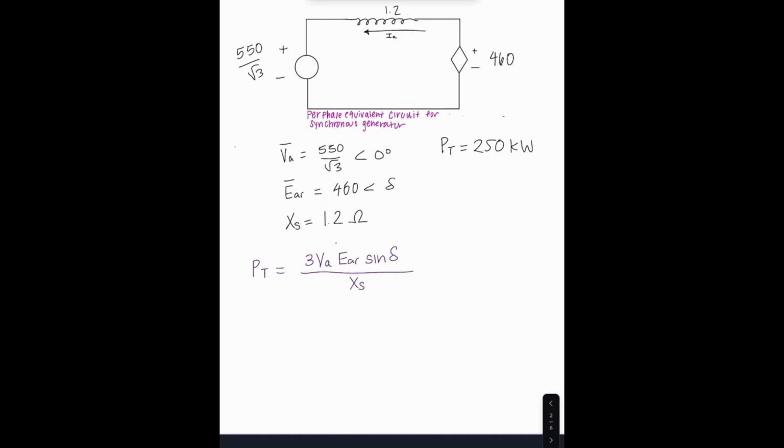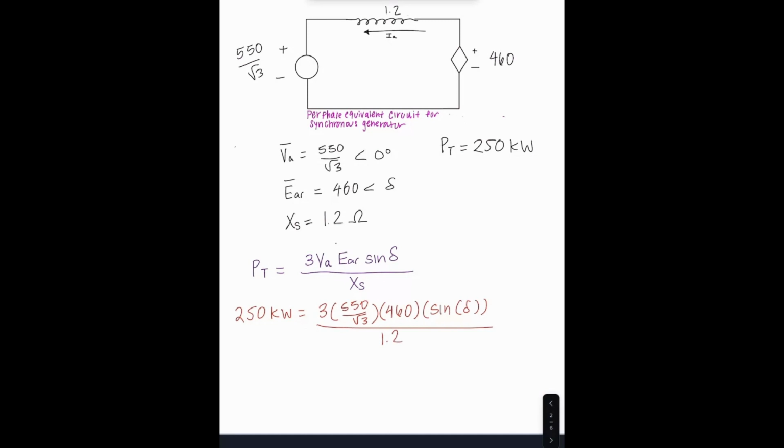So now we plug in all the values we know. PT is 250 kilowatts, equal to 550 over square root of 3, times 460, times sine of delta, divided by 1.2.